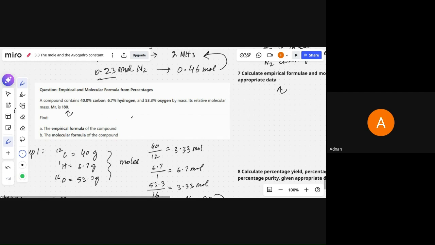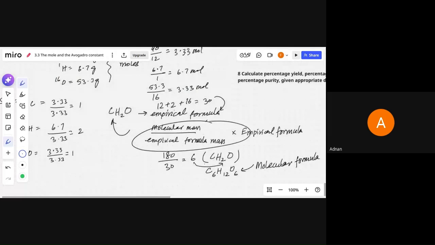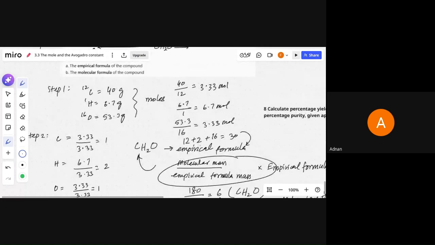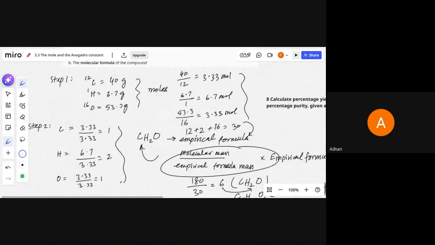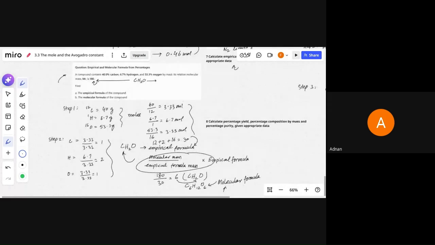They make the question short by already giving you the empirical formula, CH2O, and they will also give you the molar mass 180, and then they will ask you to convert it into a molecular formula. So you just have to use this formula and convert it, and you don't have to do all these calculations, right? So that is the short and easier form of this question.